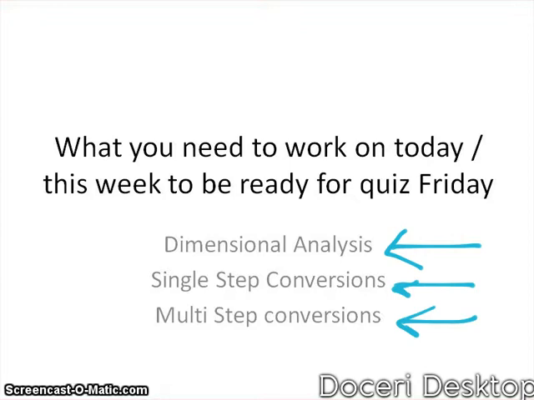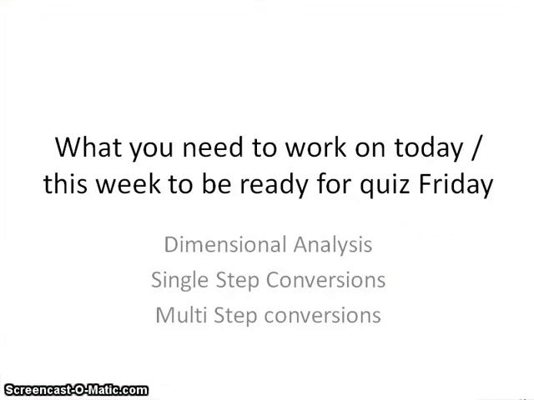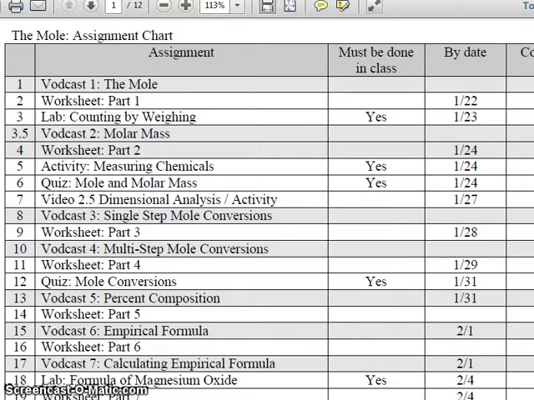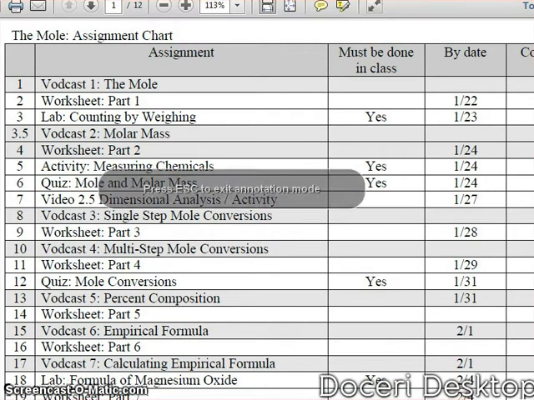Okay? Now, as we take a look at, first of all, what is going to happen with me being out to some of your deadlines and due dates. I'm going to pull up here your assignment chart, and I'm going to point out the first thing that is going to be changed is this due date here.